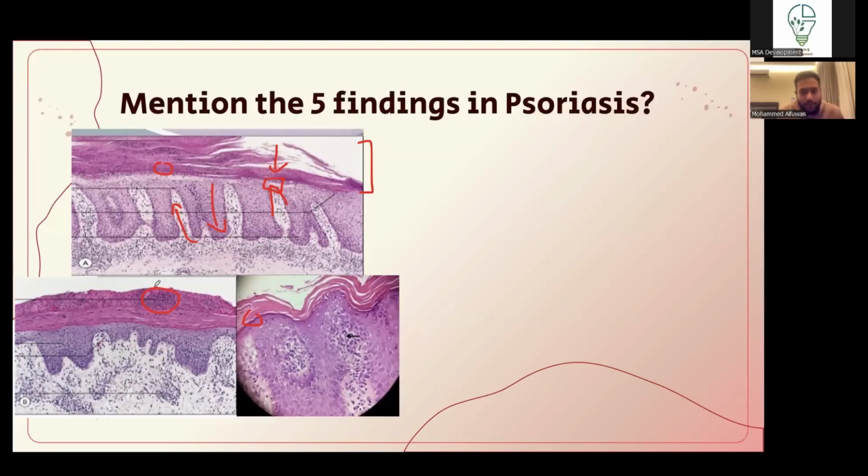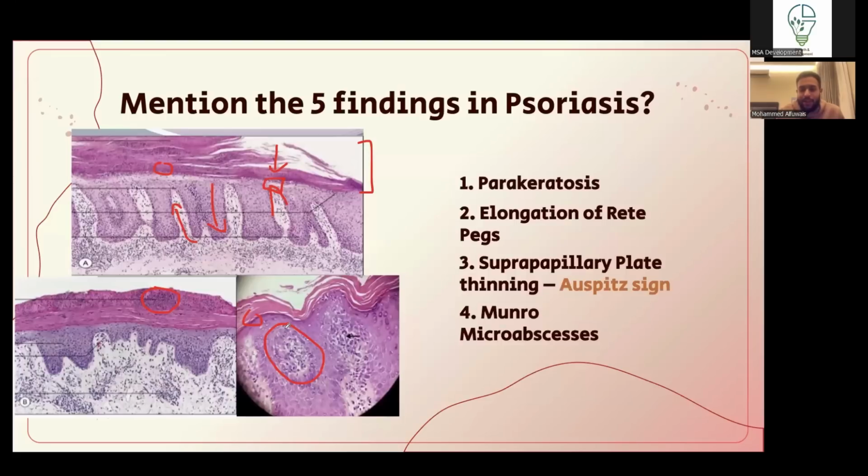Munro's microabscesses. Now, what if you have a collection of neutrophils or pus inside the stratum spinosum, below the stratum corneum? What do we call this? Good. Spongiform pustules of Kogoj. These five, memorize them by heart.